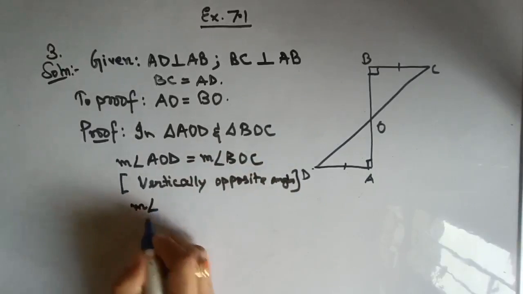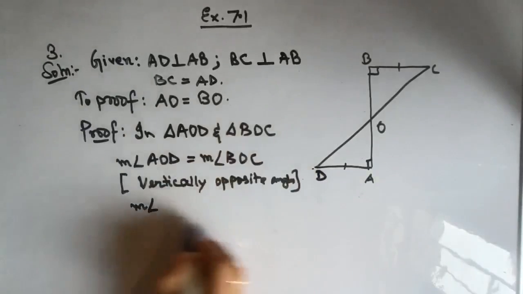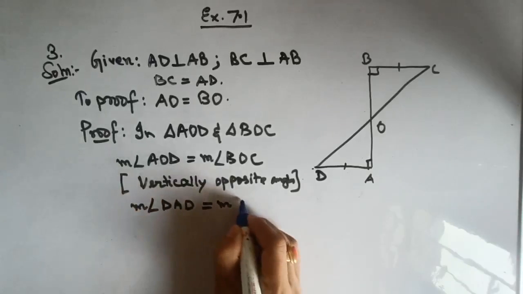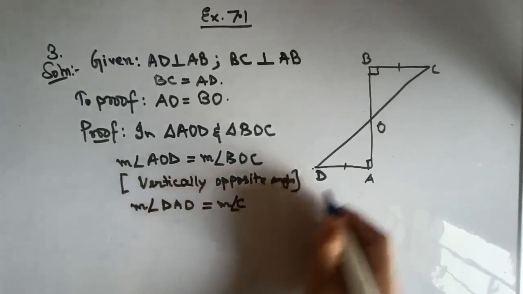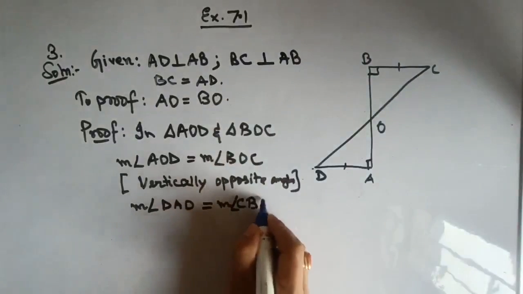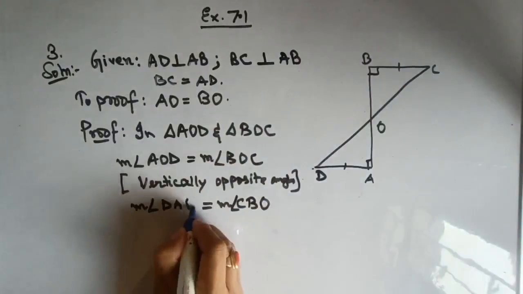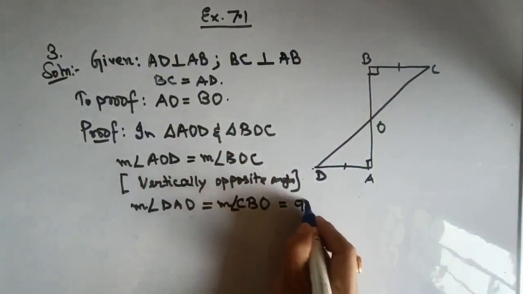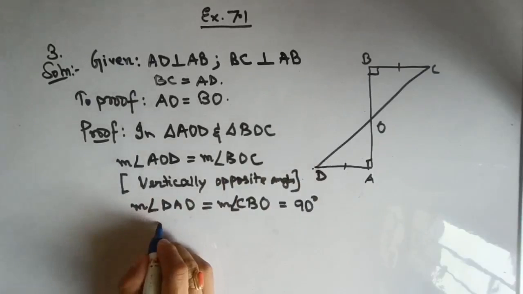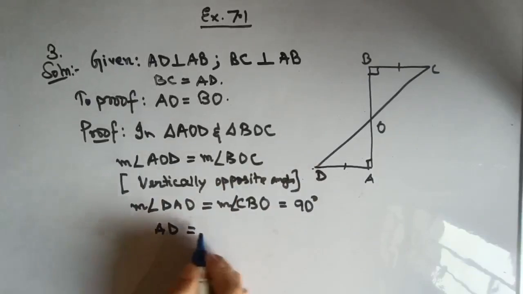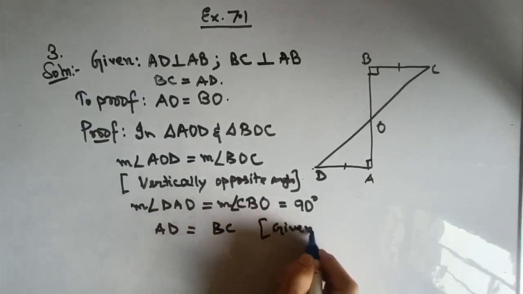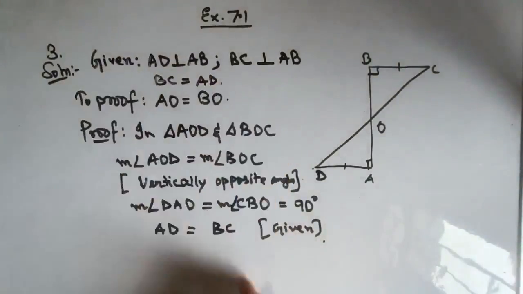Also measurement angle DAO equal to measurement angle CBO, it being 90 degrees. And then AD equal to BC. This is the given information which we have earlier noted here.